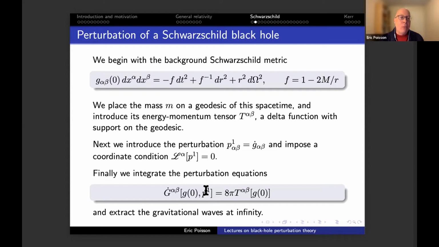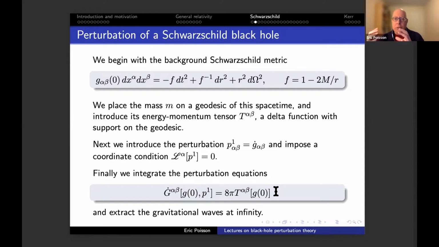The differential operator is constructed from the metric and all of its associated quantities like Christoffel symbols and Riemann tensor and all of that. I don't want to go into the detailed description of this because that's going to be part of the practicum tomorrow.